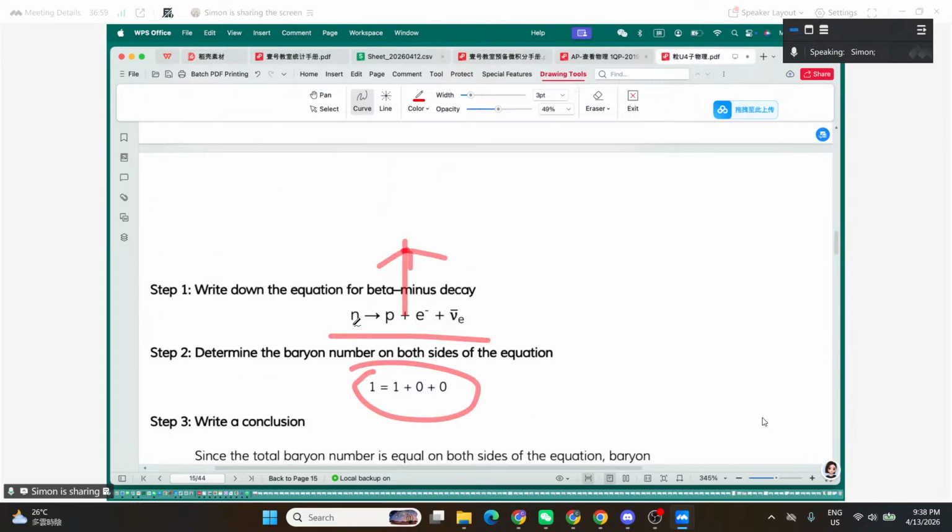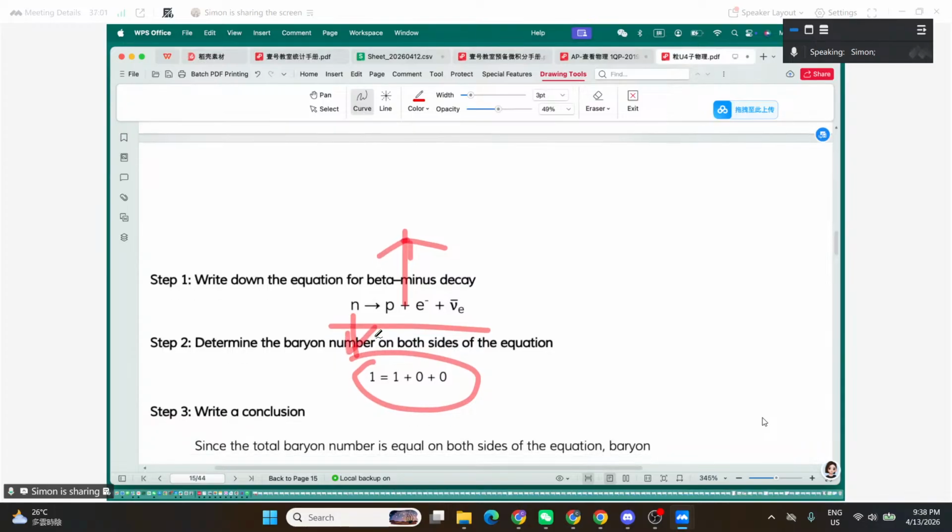This one represents the baryon number of the neutron, right? And the proton is the positive one. And this one is the electron, right? The electron is one type of lepton, not a baryon, so we call this one zero.